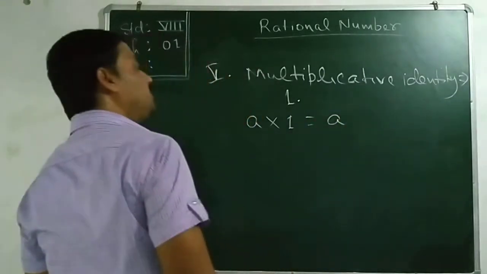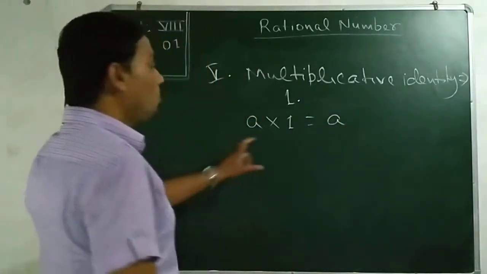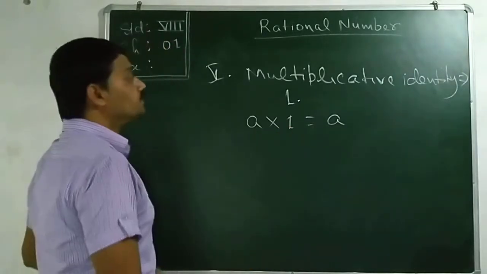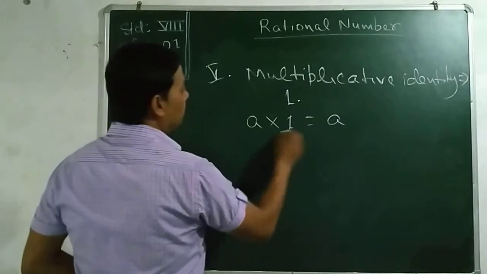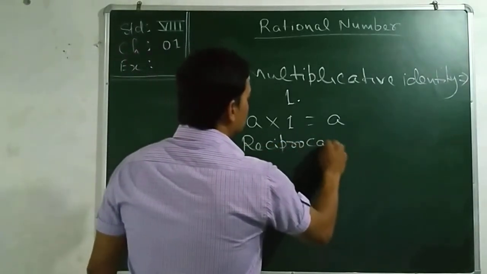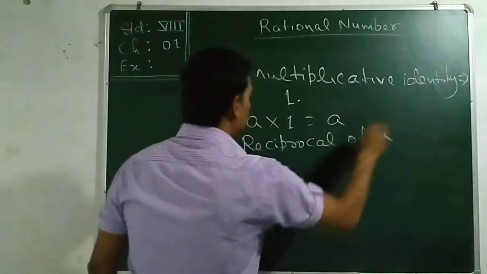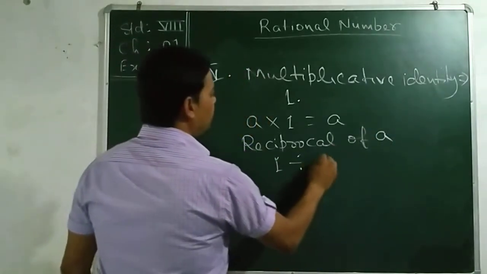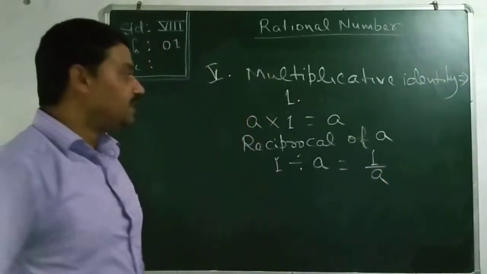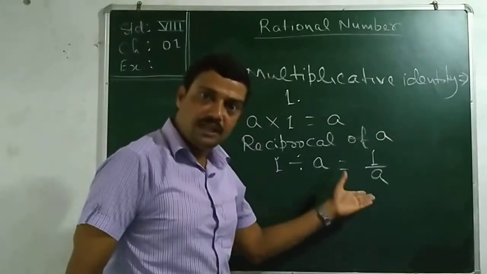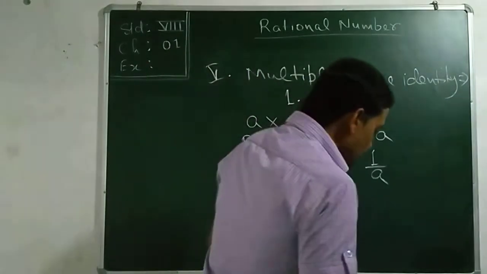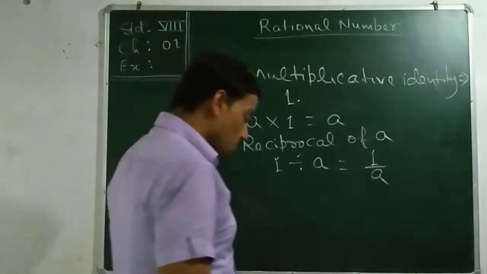That means by multiplying by 1, the value of any rational number does not change. To find the multiplicative inverse, that is the reciprocal of A, it equals 1 divided by A, which is 1 by A. If you divide 1 by any number, you will get the reciprocal of that number, or the multiplicative inverse, you can say.